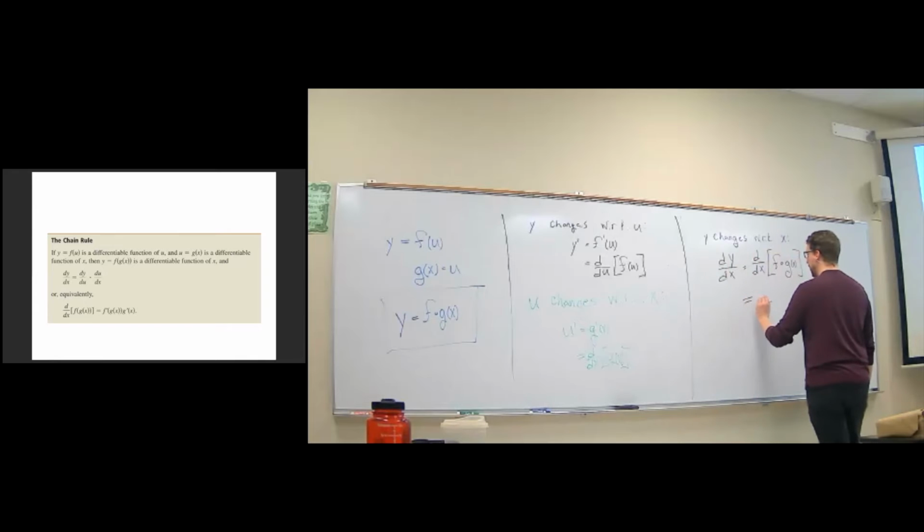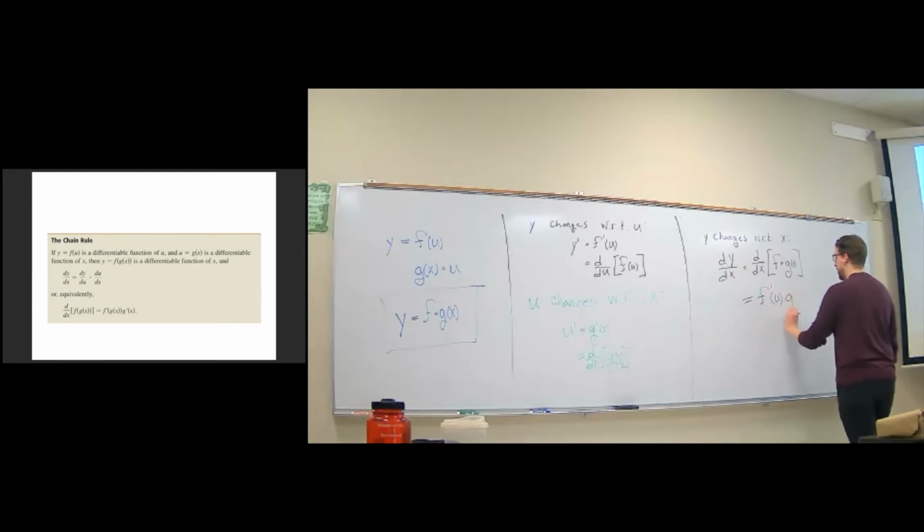This is equal to f prime of u times g prime of x.